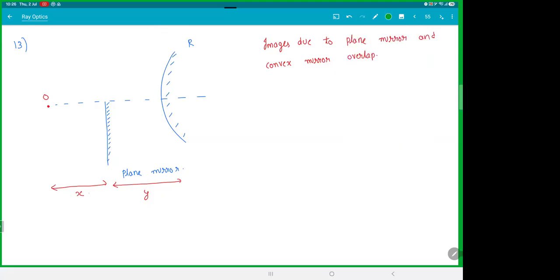So if the object was at x, the image also must be at x. This is where the image must have formed due to the plane mirror. That means this distance is x minus y.